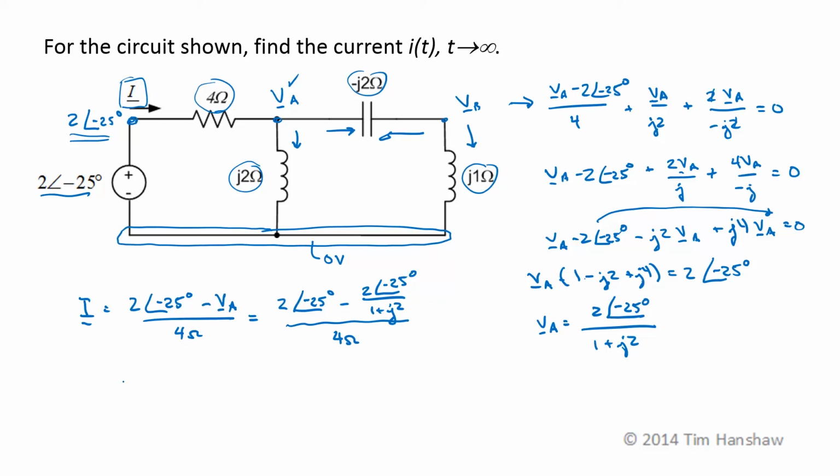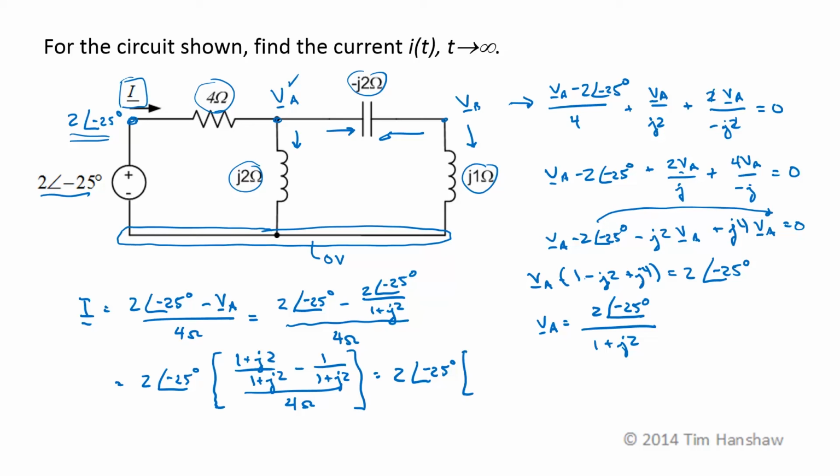I can factor out this 2 at an angle of minus 25 degrees times, let's see, this becomes multiplied by 1, so this is 1 plus J2 over 1 plus J2 minus 1 over 1 plus J2 all over 4 ohms, which is 2 at an angle of minus 25 degrees times 1 plus J2 minus 1 just becomes J2 over 1 plus J2 times 4.